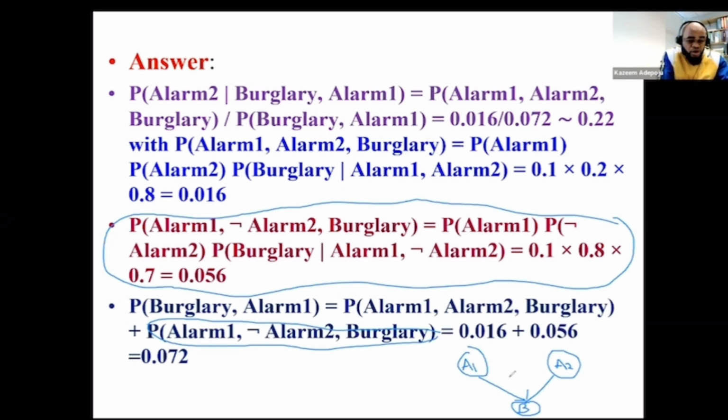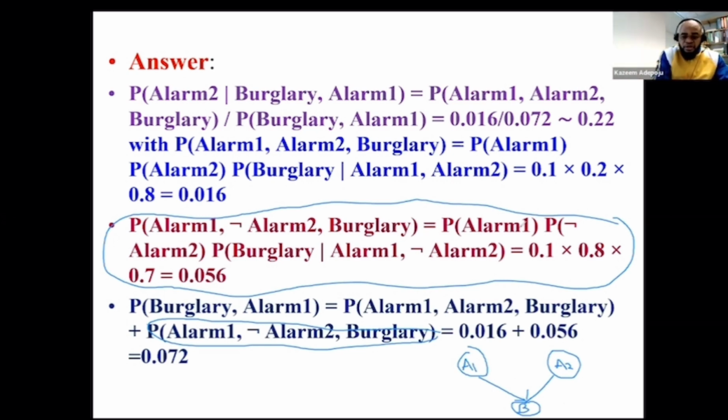I'm going to write the probability of alarm 1, then alarm 2 complement, because I'm focusing on the complement, then multiply by the probability of burglary given alarm 1 and alarm 2 complement. So that's what you see here. I'm basically using the network.